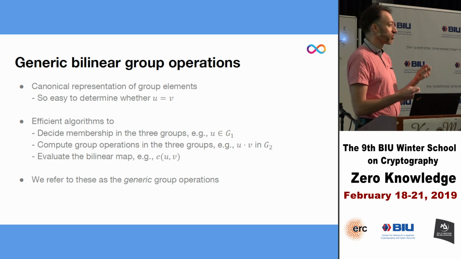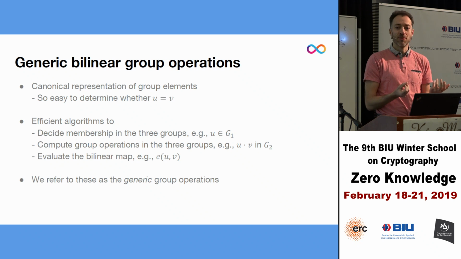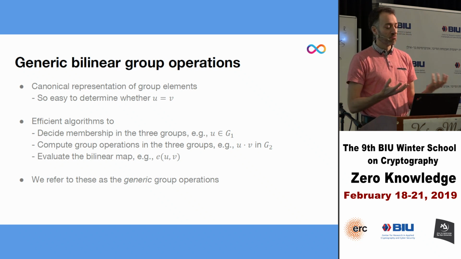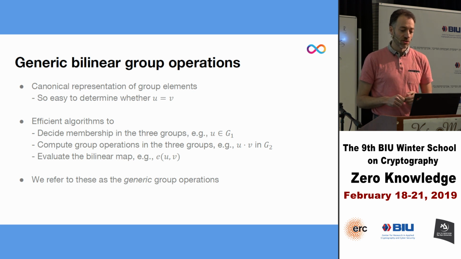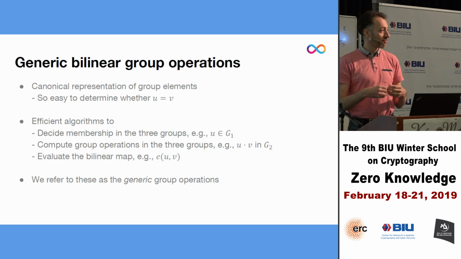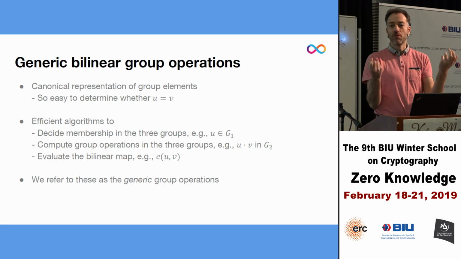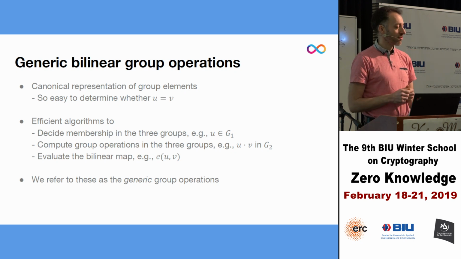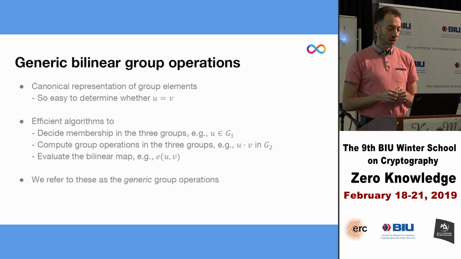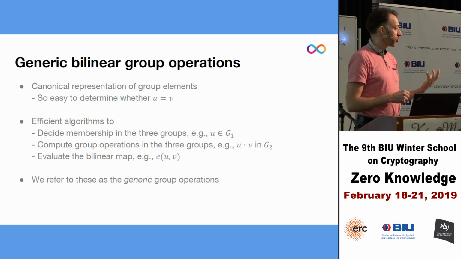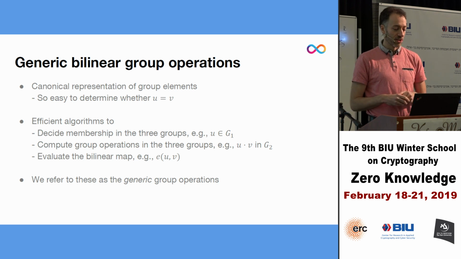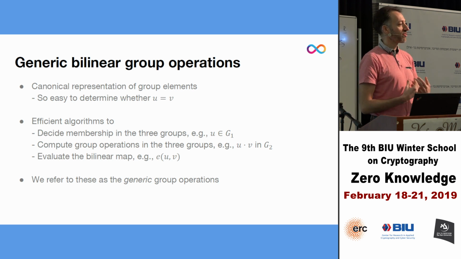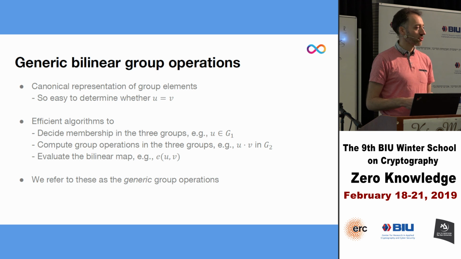So you get some bit string, does it represent an element in the group? Easy to decide. I'll assume that it's easy to compute the group operation. So if you have two group elements, you want to multiply them together, that's an efficient operation you can do. And then I'll also assume that it's efficient to evaluate this bilinear map, so you can compute the pairing quite easily. And I'll refer to these as the generic group operations.